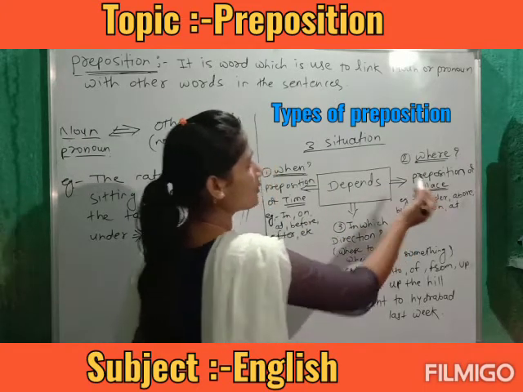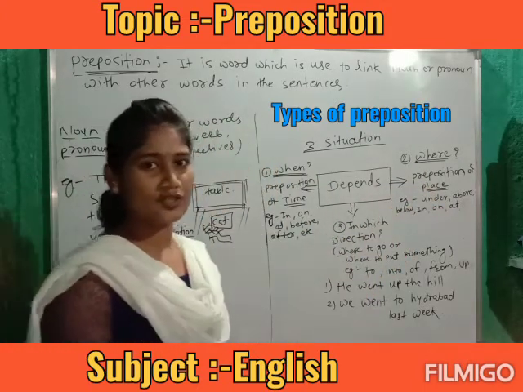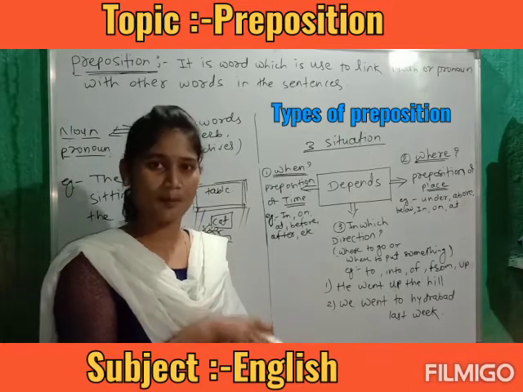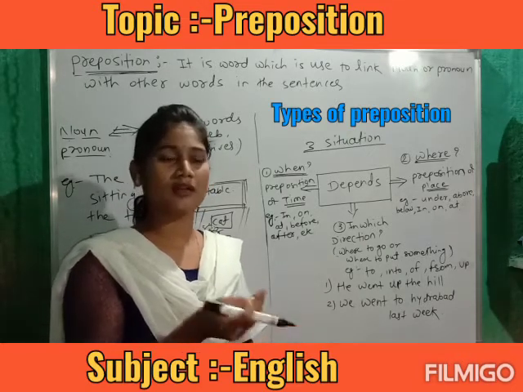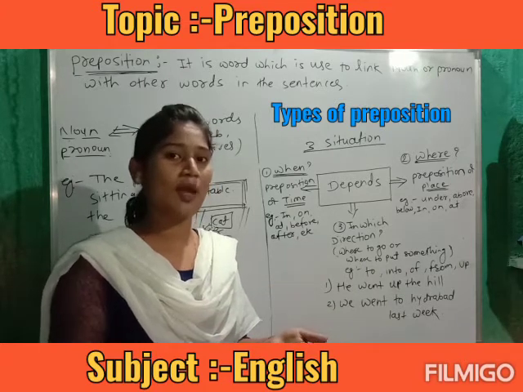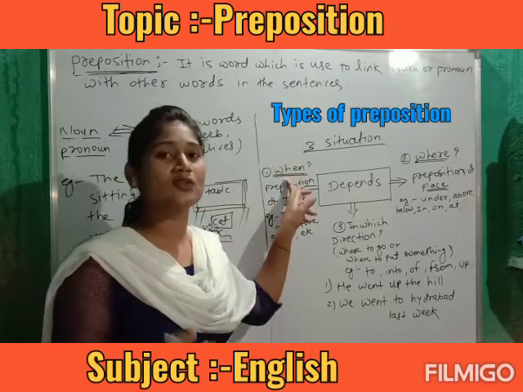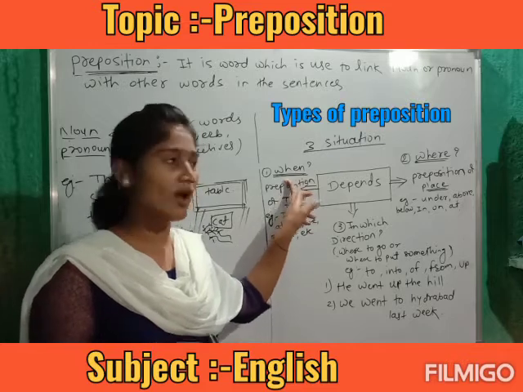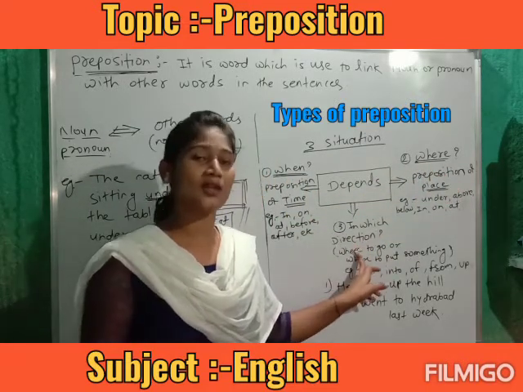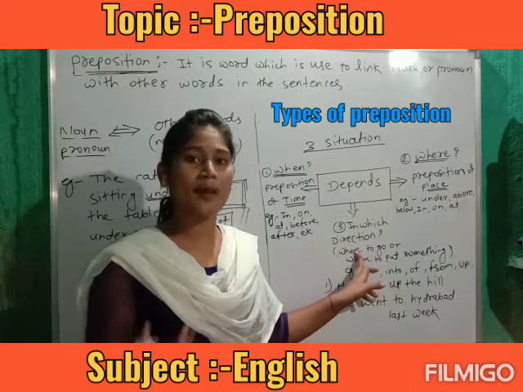It is the preposition of place, which describes the particular place, where the given event or thing is going to happen, and in which direction that particular thing or event is going to happen.